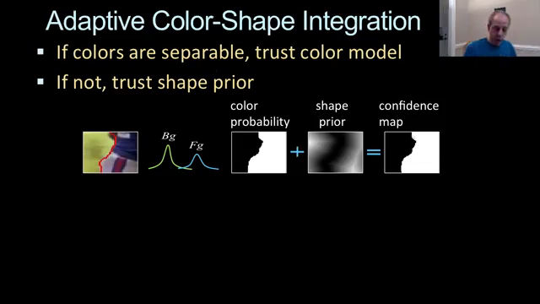So we have the color distributions here from the previous frame. We have information from the previous frame, a segmentation that we trust, and we got the shape prior, the color priors. If the color distributions are well separated, so you look at the histograms, for example, of every color or a distribution of all of them together, and you see that they're very well separated, and there are multiple ways to measure that, trust the colors, trust the probability, and use the shape prior very limited.